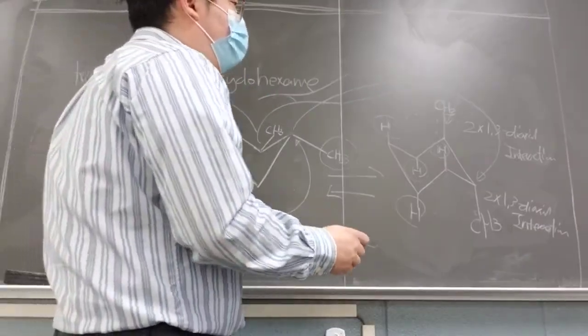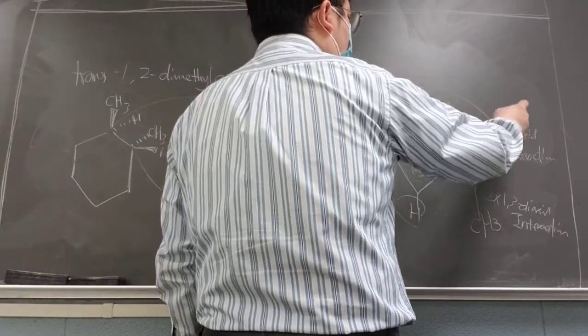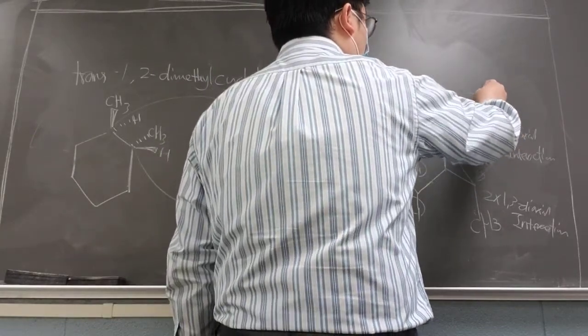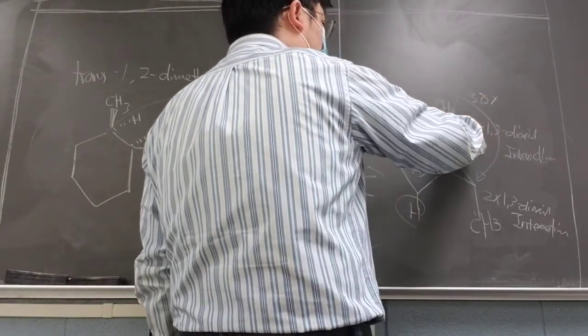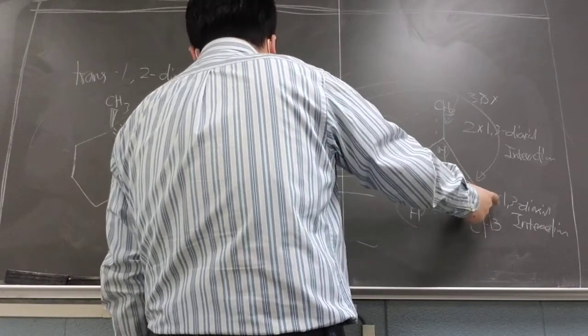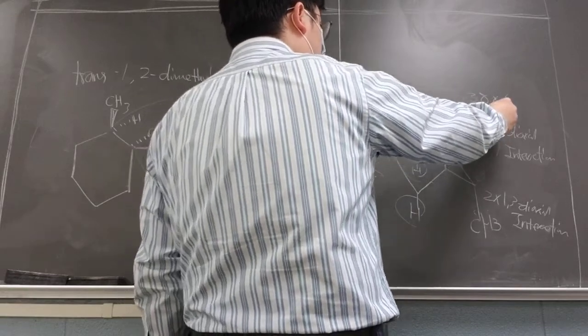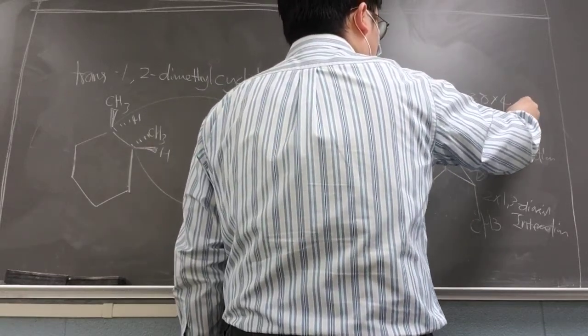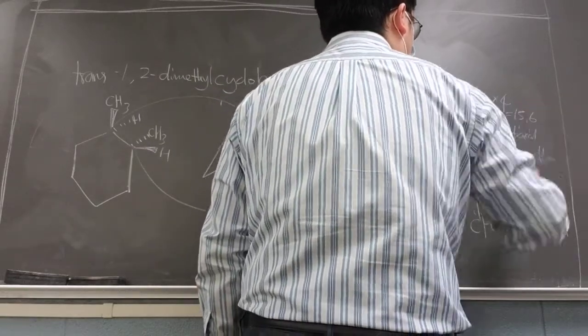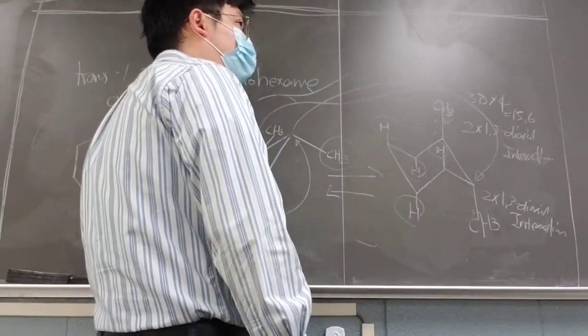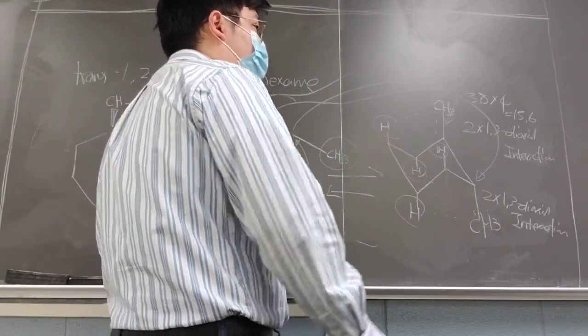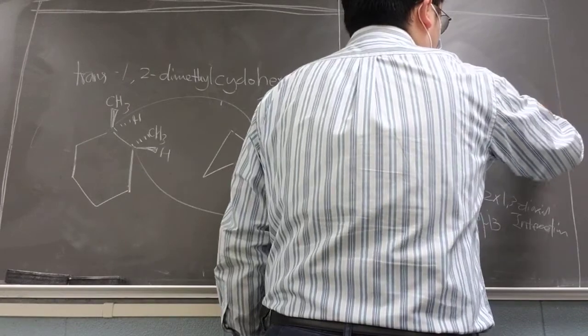So in total, each 1,3-diaxial interaction is about 3.8. But you have two on the top, the other two at the bottom, so you have 4. So that is about, I think, 15.6. Oh, sorry. It'll be from 2.